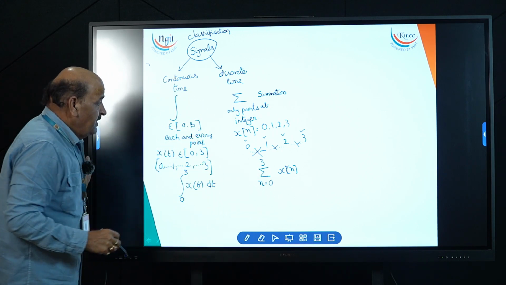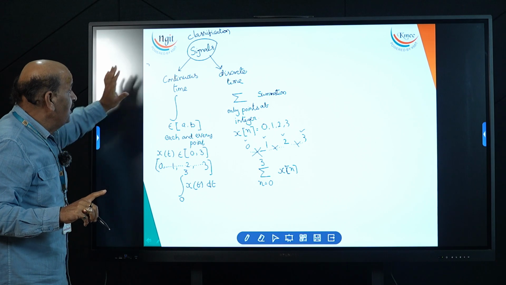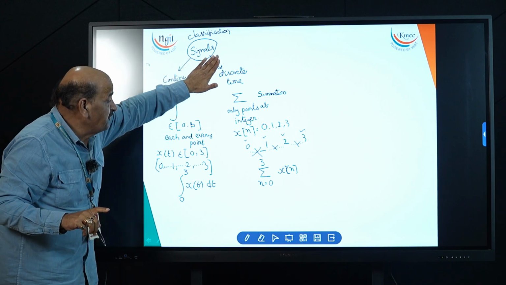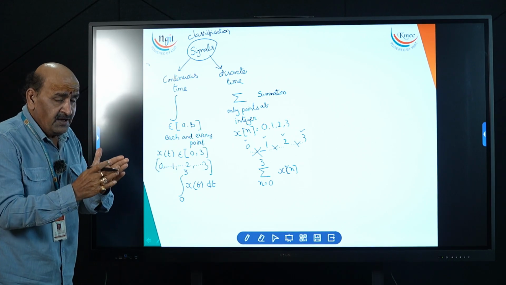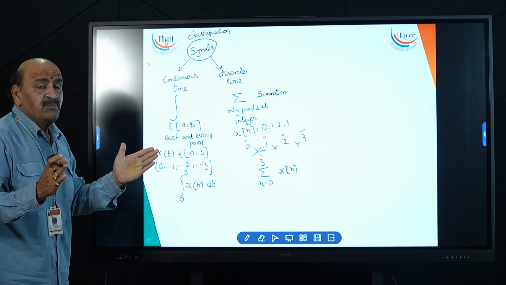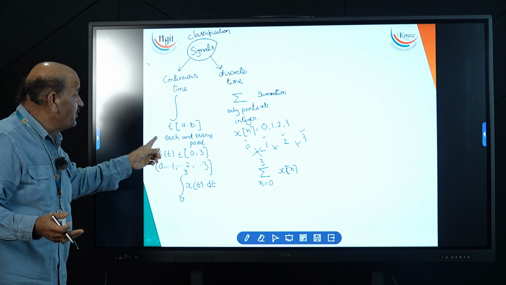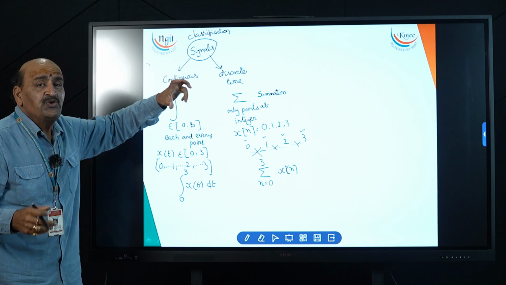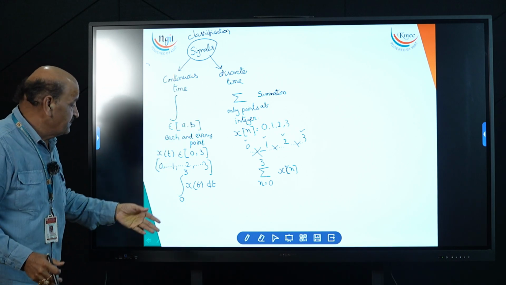Now, the notations of continuous time signals and discrete time signals should be clearly understood before entering into the differences between these two types of signals.